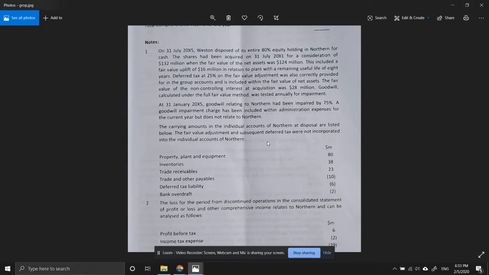The fair value adjustment and subsequent deferred tax were not incorporated, so this figure should be adjusted for the fair value uplift and the deferred tax as well. Where did that come from? 16, with deferred tax at the rate of 25% on the fair value adjustment also correctly provided. So what happens is basically 16 million.